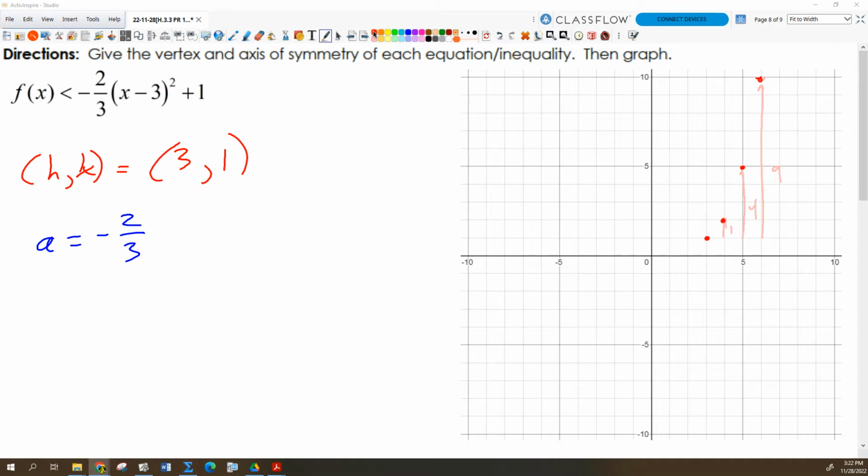That would make sense. So if I multiply negative 2/3 times 9 over 1, what's that give me? I get negative 18/3, which is just negative 6, right? Everybody see that? So I'm going to go over 3 and up 9 times negative 2/3, which is negative 6.